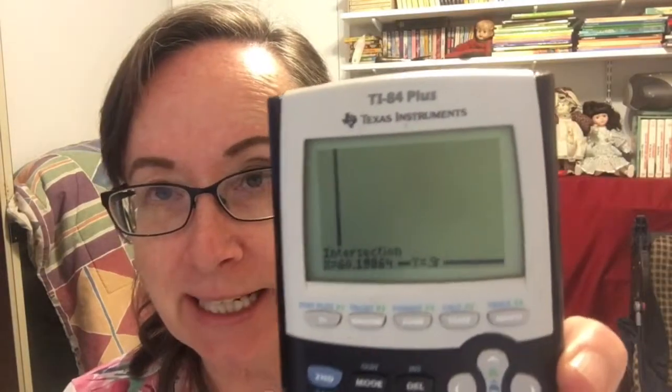Well, I just found something very interesting. You have to be very careful about how you set your window, because I had set my window to a standard window of negative 10 to 10, but my point of intersection is at 60. When I extended my window to include my point of intersection, the calculator gave me an answer.